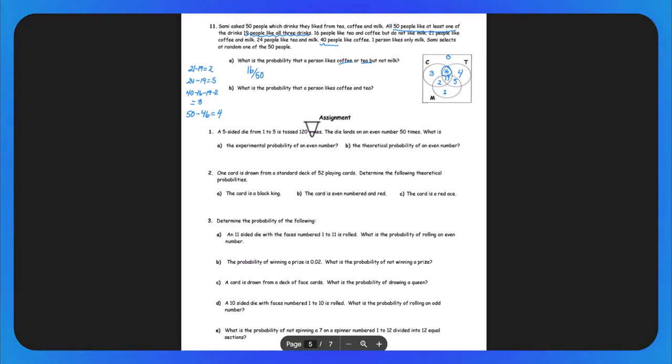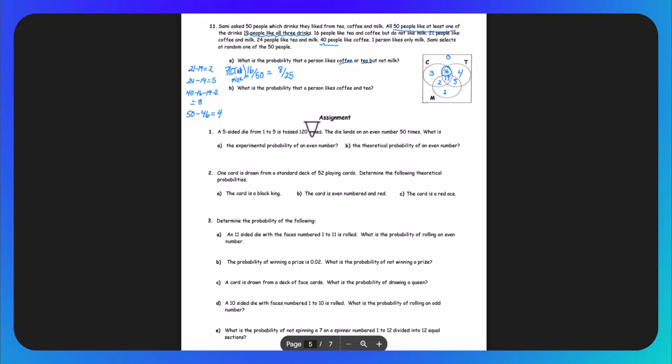So that's the probability of coffee or tea, but not milk, equals... And what do we got here? Well, that is divisible both by 2, so we get 8 over 25, and that can't be reduced any further.